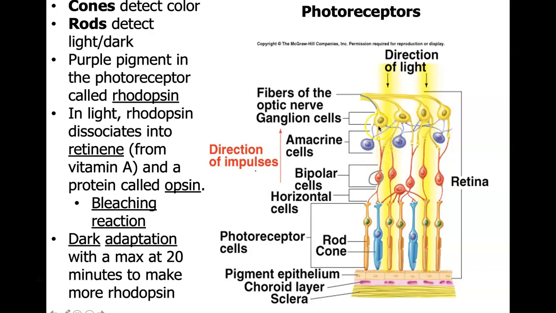Those synapse onto ganglion cells that are supported by amacrine cells. And then those ganglion cells synapse and collect onto these fibers of the optic nerve and become that optic nerve that goes back to the brain. So light has to come through all these layers, stimulate the rods and cones, and then go back. The signal then goes back to the brain through the optic nerve.